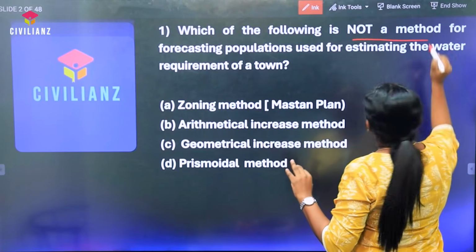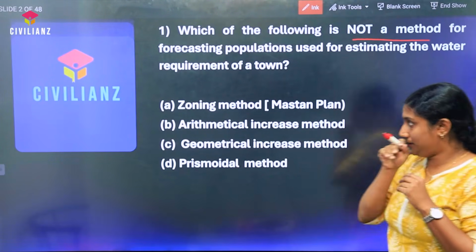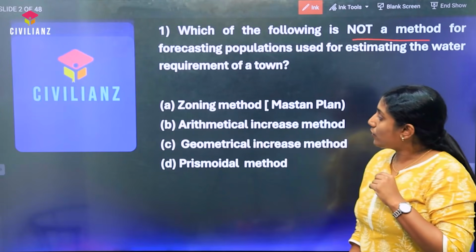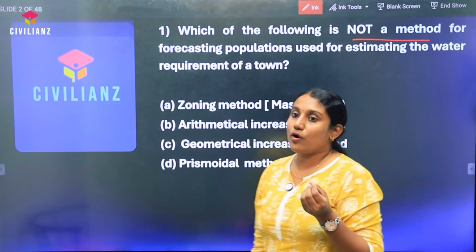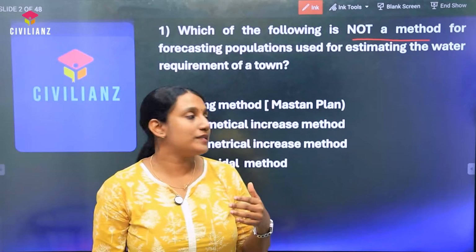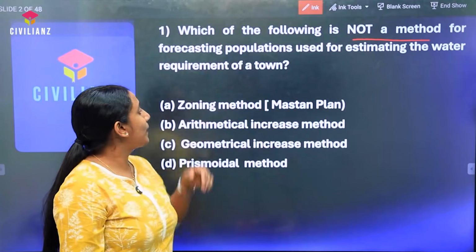Not a method. Everyone knows that six methods are used for forecasting population.